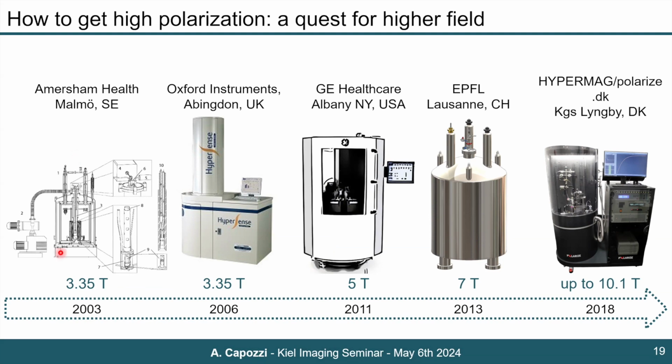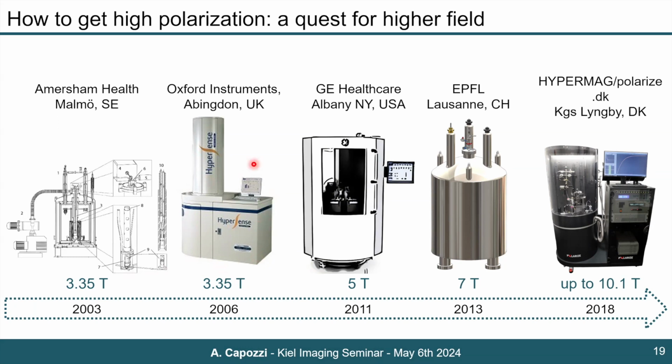And you see that everything started at this weird field of 3.35 Tesla. The reason was that back then it was pretty easy to find microwave sources at 94 gigahertz that could output a decent power.